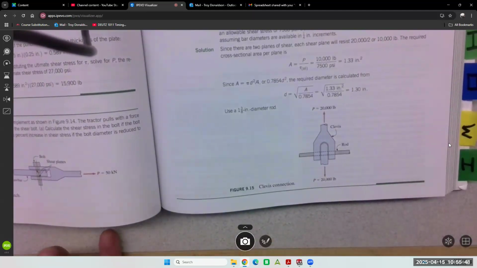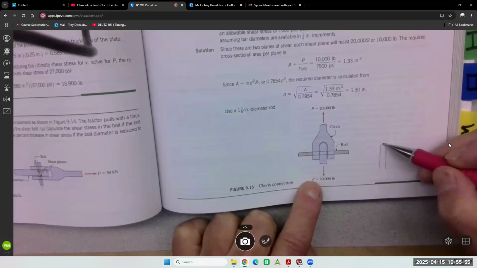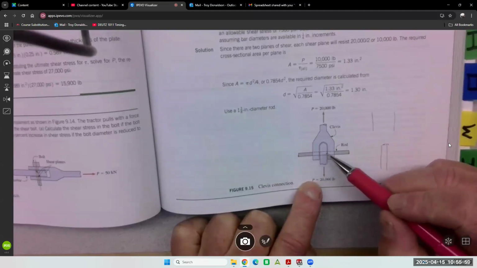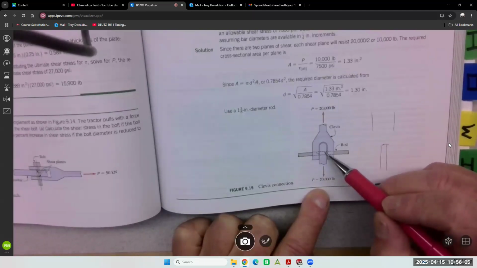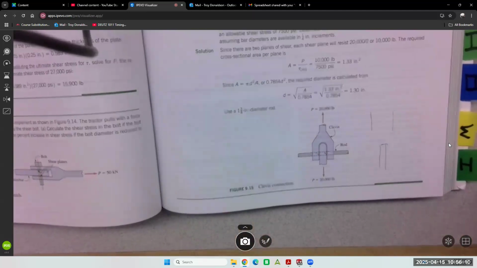How many areas have to fail? So this could get removed, right? And then this could be up here. So then these 2 areas got to be removed. They got to fail for this thing to go. So this is a 2 area failure, not a 1, 2, 3, 4 area. Now, all 4 don't have to go, right?